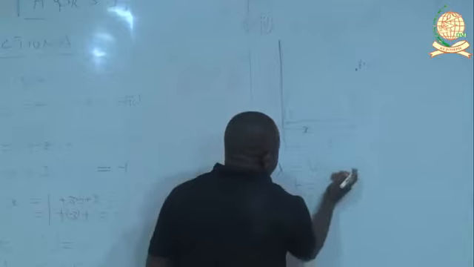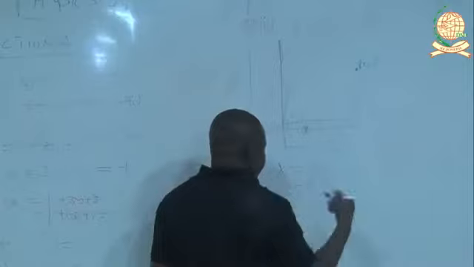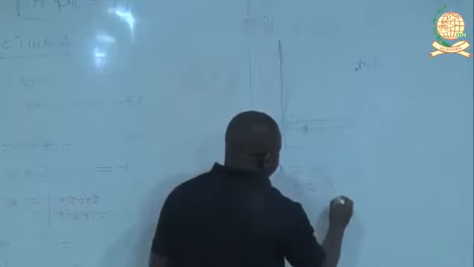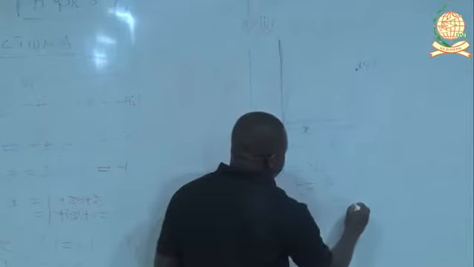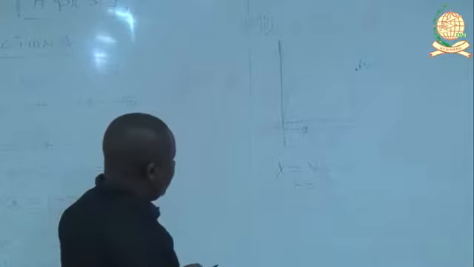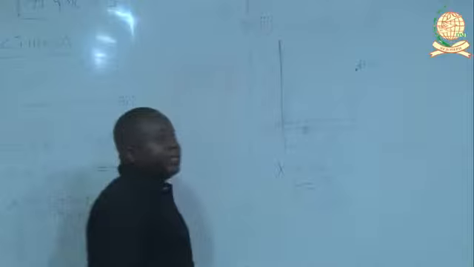That means t equals x divided by v naught cosine of theta. Call this equation number 1.